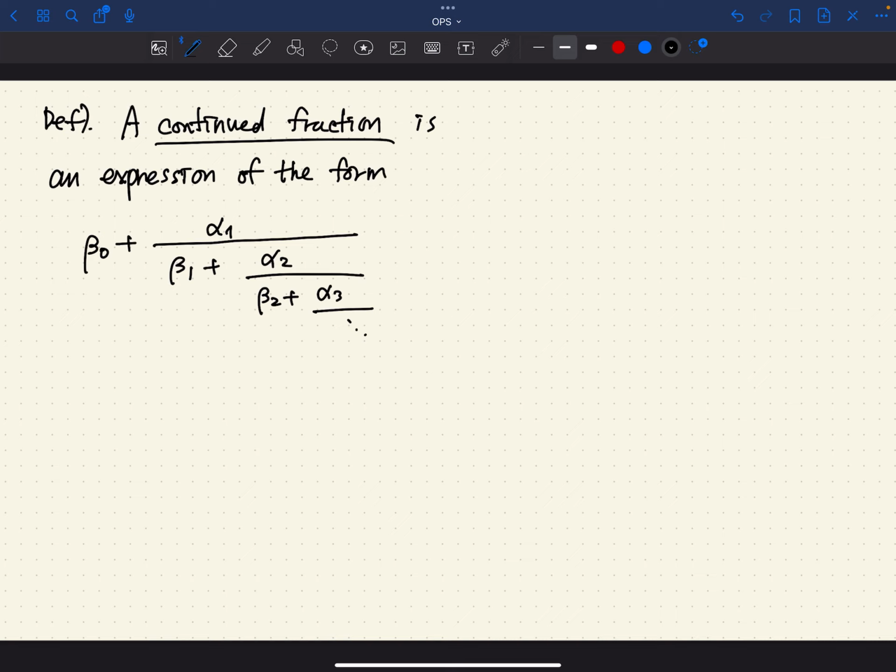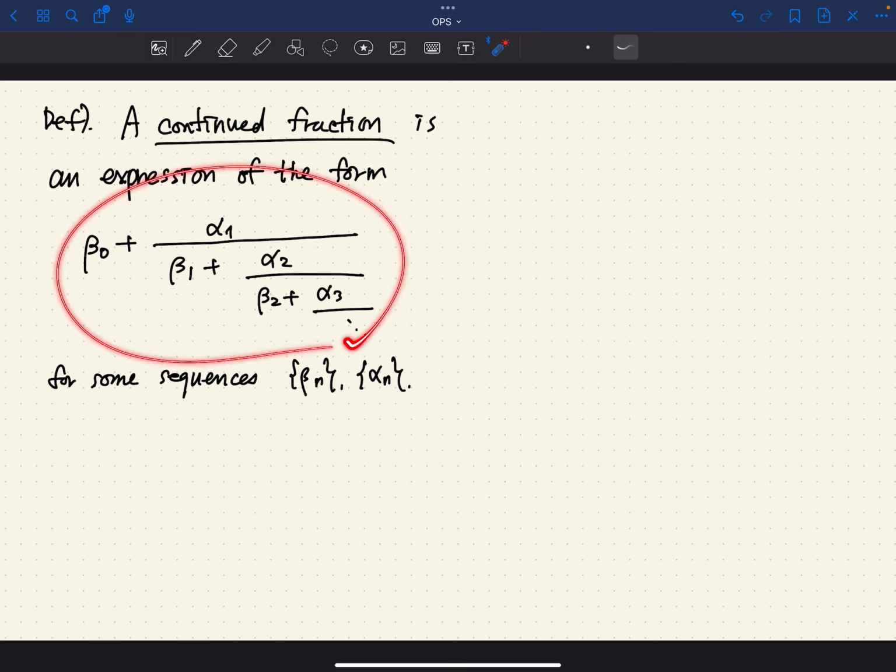You clearly see the pattern here, for some sequences beta n and alpha n. So in other words, a continued fraction is just a pair of sequences, displayed in this way.